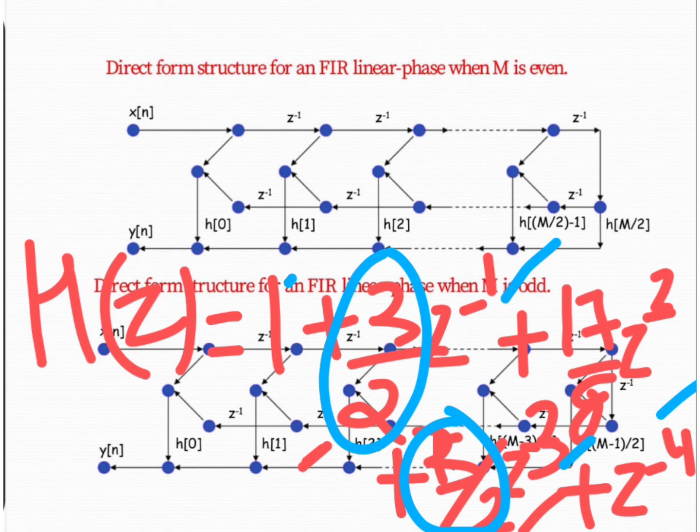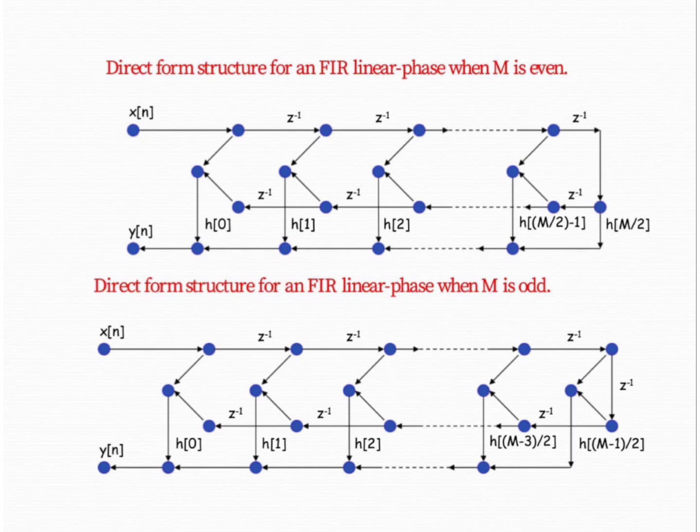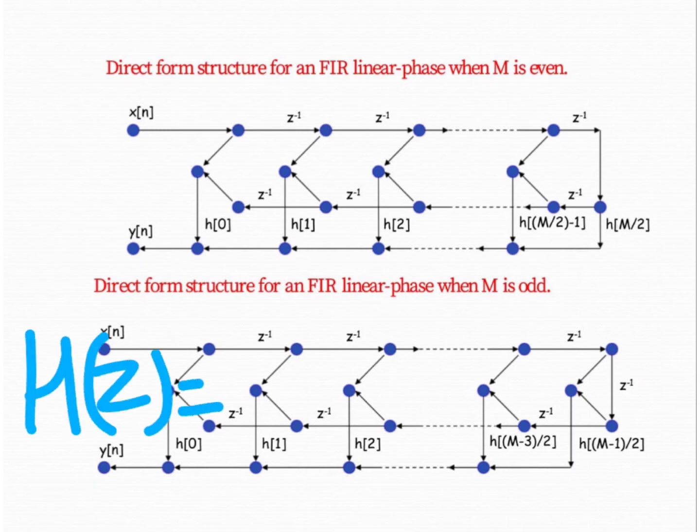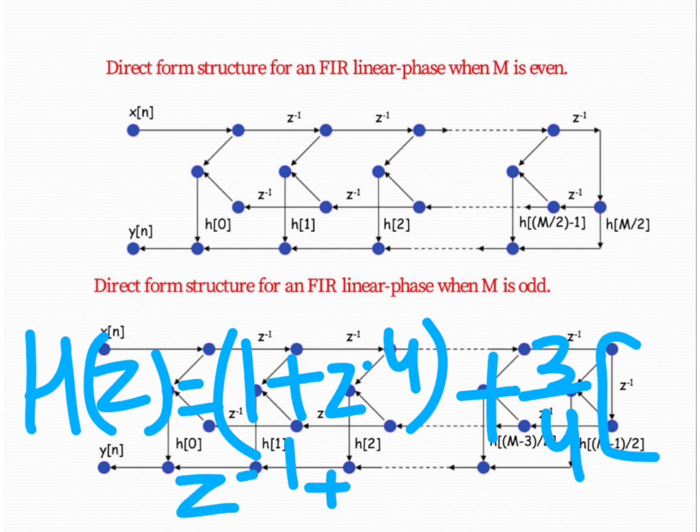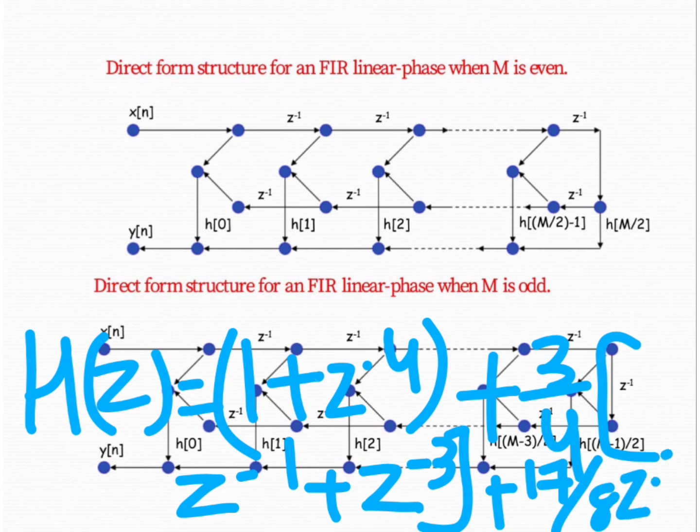So here is how we take it. H(z) equals, when we take the common, 1 plus z to the power minus 4, plus 3 by 2 common, z to the power minus 1 plus z to the power minus 3, plus 17 by 8 z to the power minus 2.